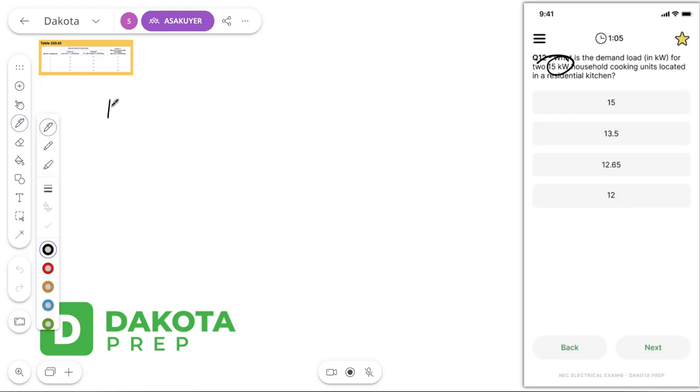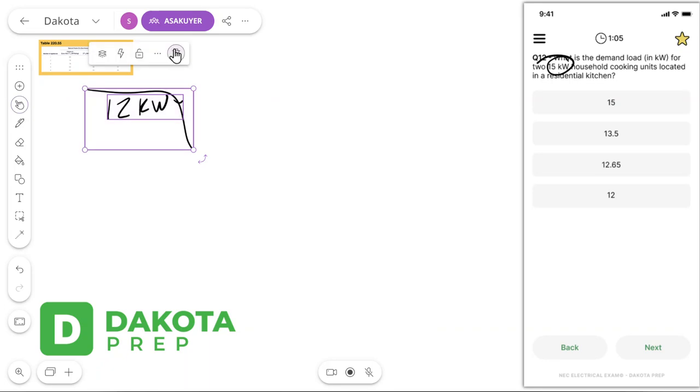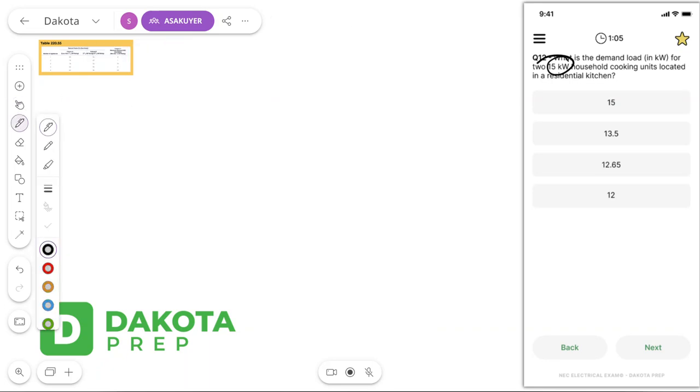Let's try this again. 15 kW minus 12 kW is 3 kW.